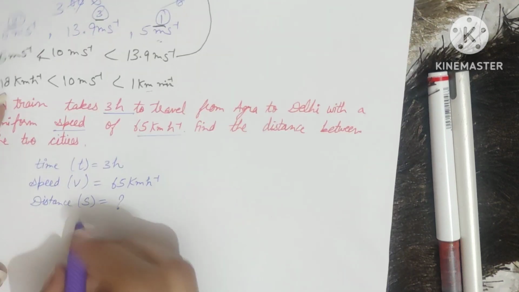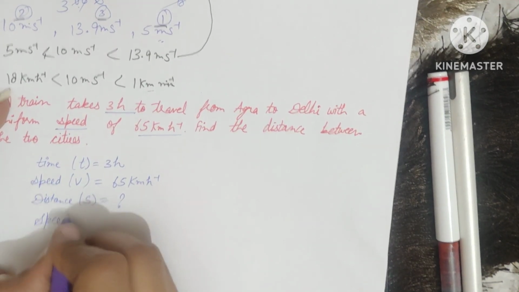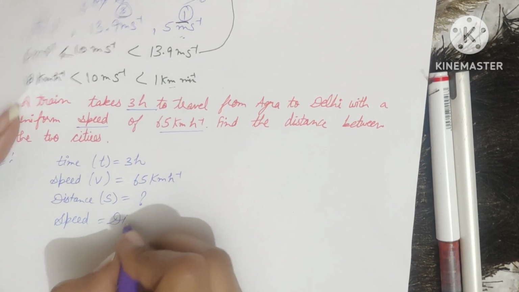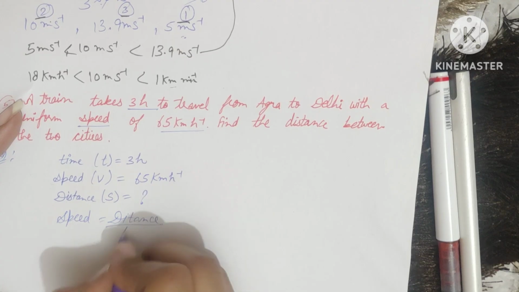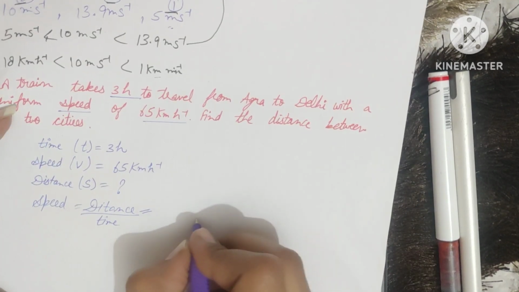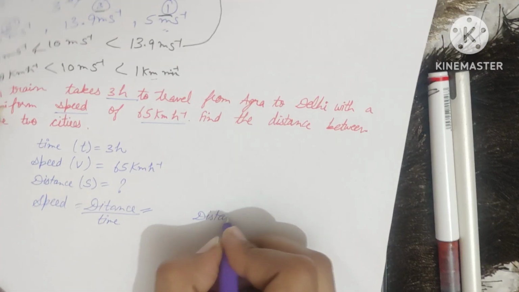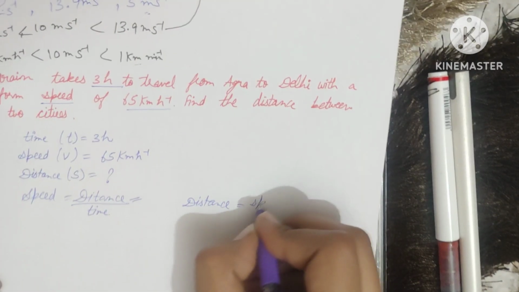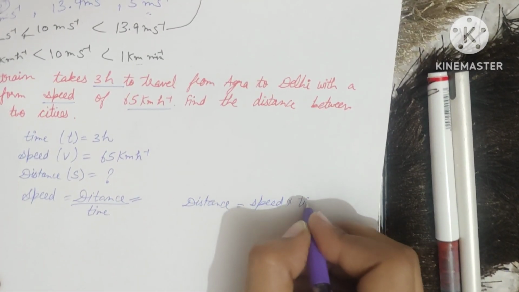What is the formula for speed? The speed is equal to distance over time. But here we need to find the distance. So we are rearranging the formula. That is, the distance is equal to speed multiplied by time.